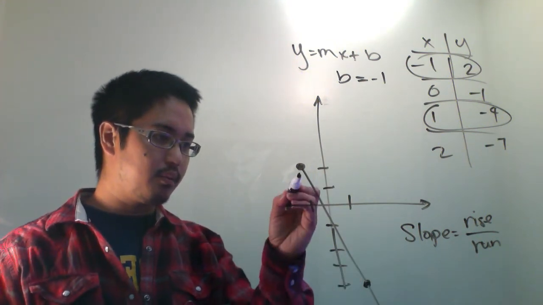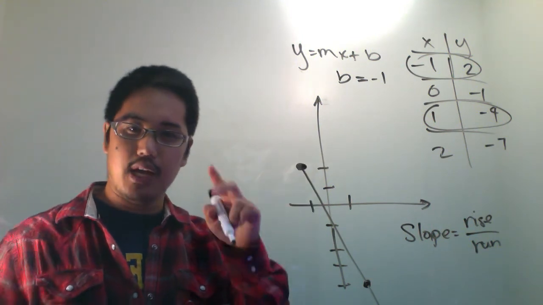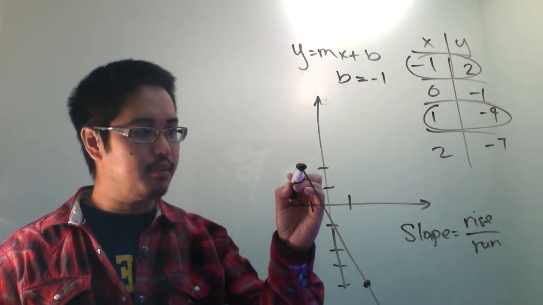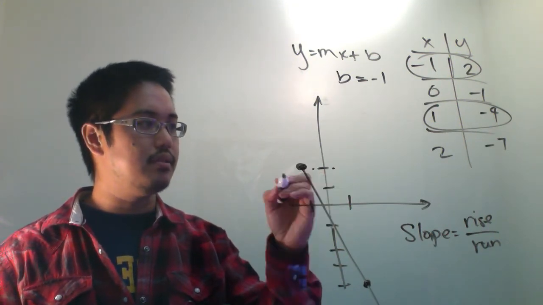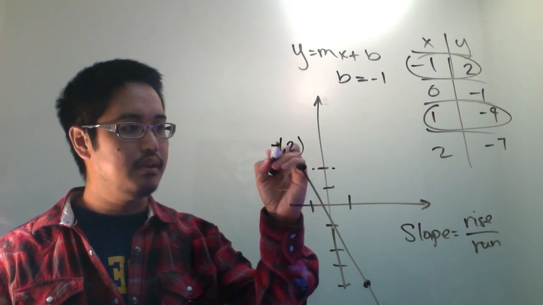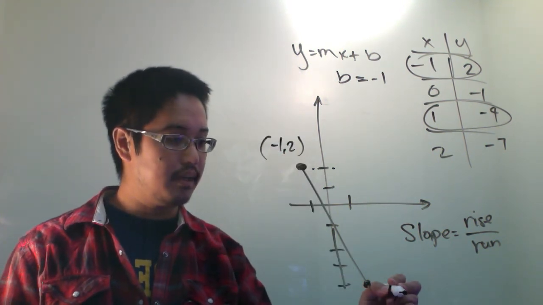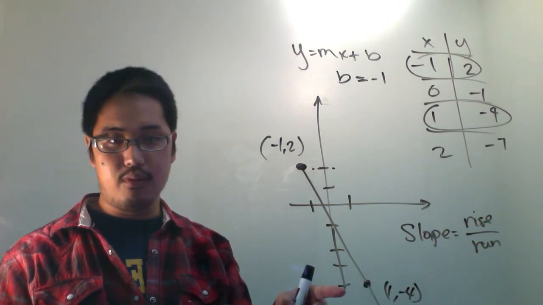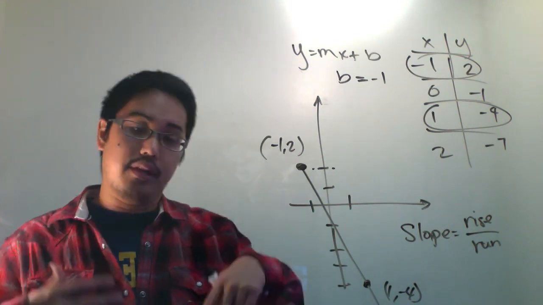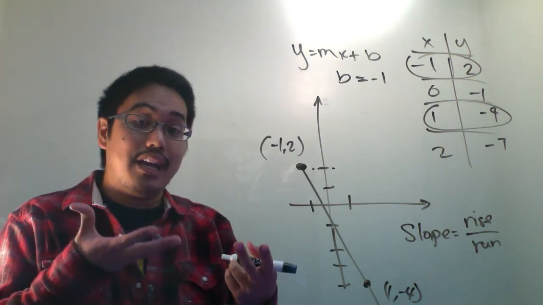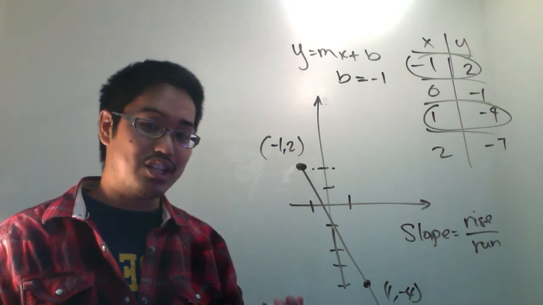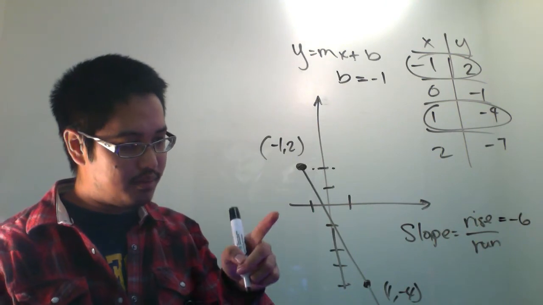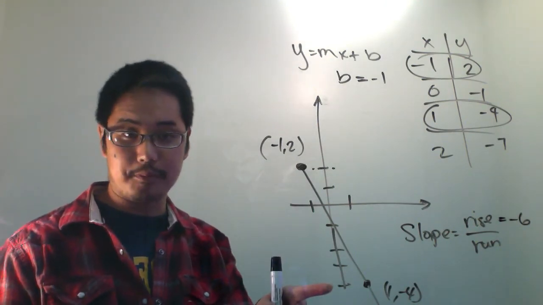Well, the rise: how high up do I have to go in order to go from this point, which is at height 2, because this point is negative 1, comma 2, and this point is 1, comma negative 4? If this height is at positive 2, and this height is down here at negative 4, how high up do I have to go? The answer is I don't have to go up any, I actually have to go down. So my rise is actually negative 6, because I would have to go down 2 plus an additional down 4 to get down to negative 4.